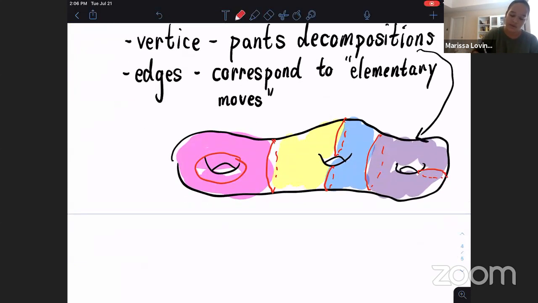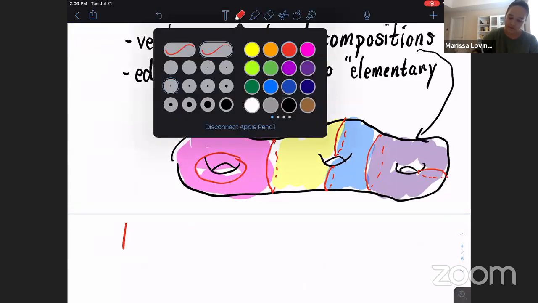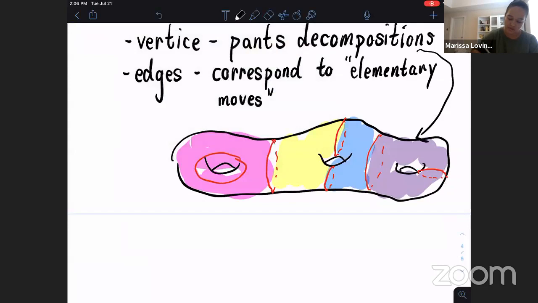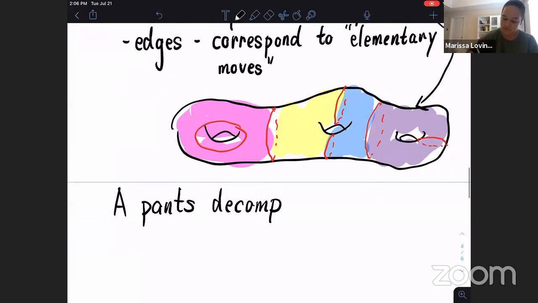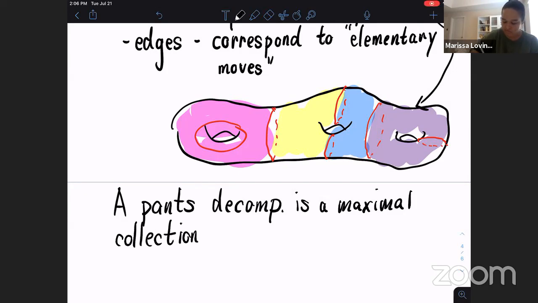So what is this a little bit more formally? A pants decomposition is a maximal collection of disjoint simple closed curves.